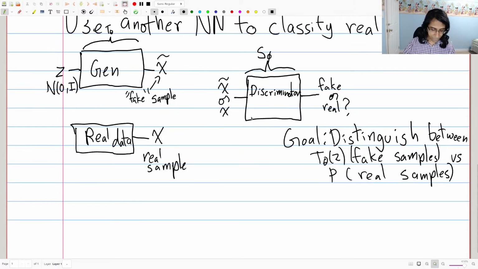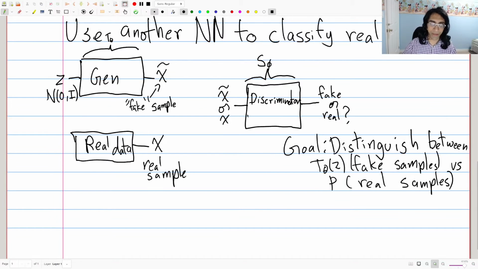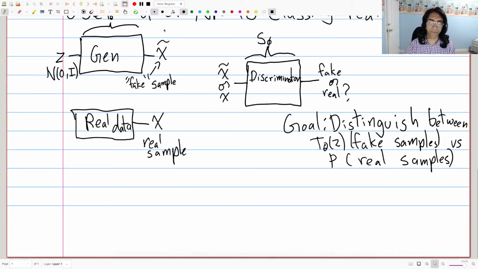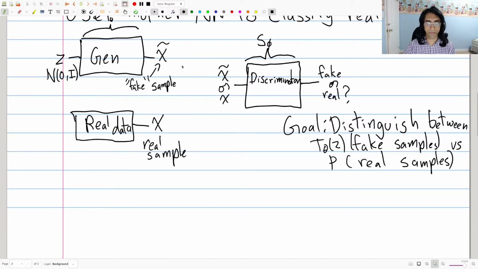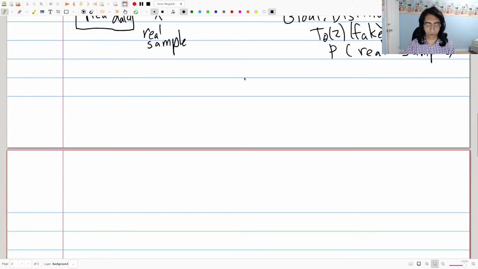So that's the main idea behind this type of setup. There's two players: one player tries to generate fake samples and the other player tries to tell which ones are the fake and real ones.